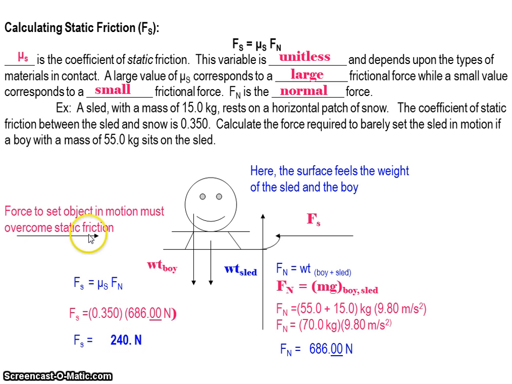So we need to apply a force of 240 newtons to overcome the static friction force to get this sled moving. And again, if we had a bigger boy, if he was heavier or a more massive sled, then it would take more force. And if we had different materials, then it could take more or less force depending on the coefficient of static friction.